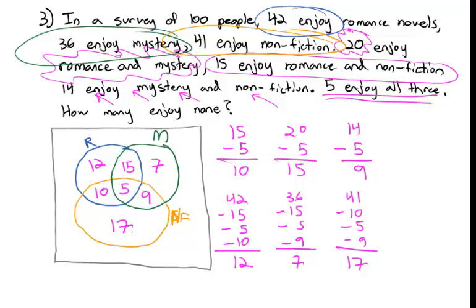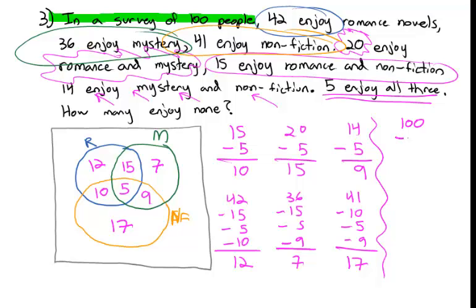Question wants to know how many enjoy none of these categories, and that's that universal set. We are told the survey originally had 100 people. So if we start with the 100 people, we can subtract out each of the numbers that are represented in our circles.